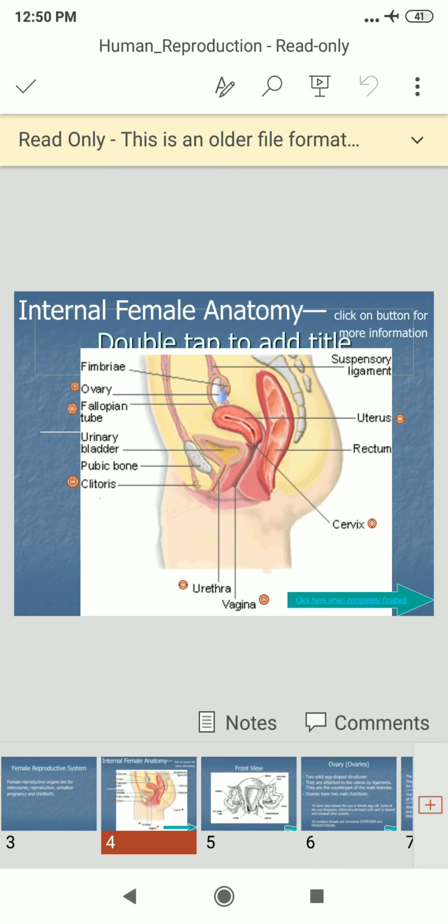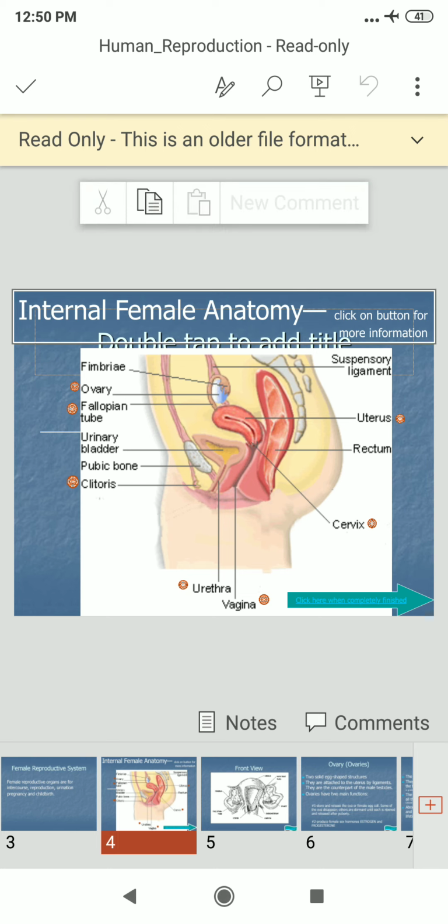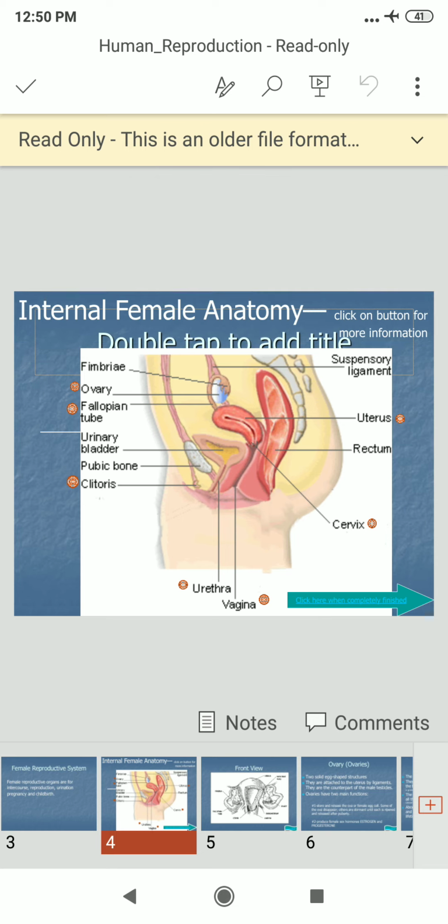You can see this is the internal female anatomy of human reproduction.